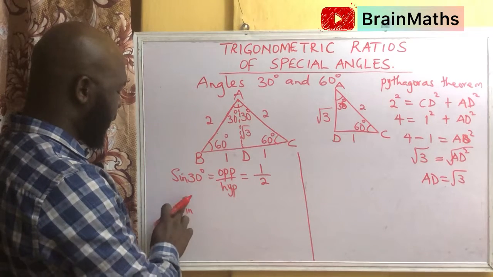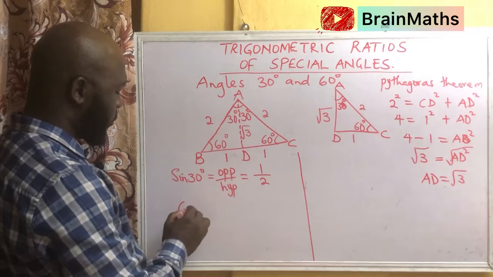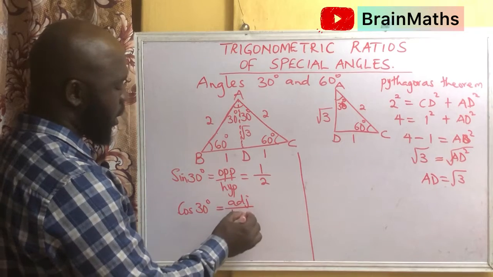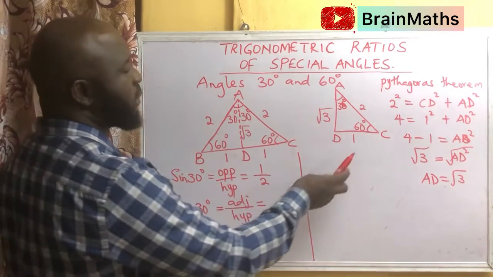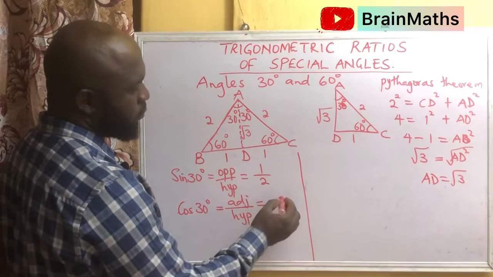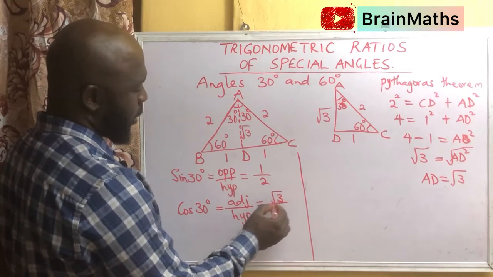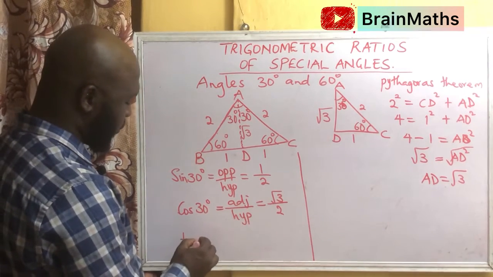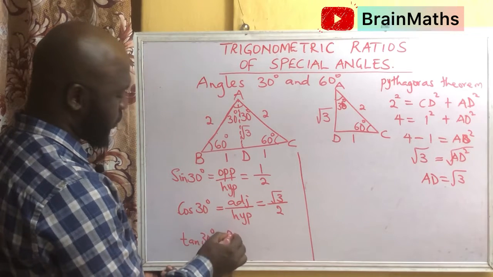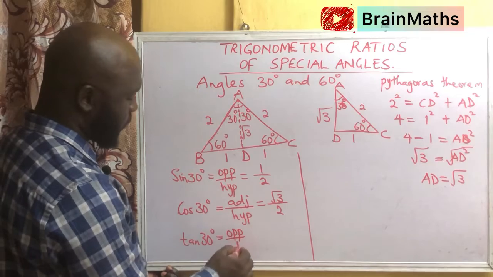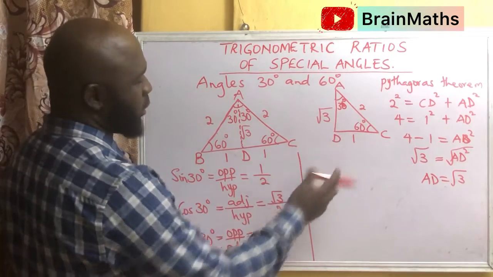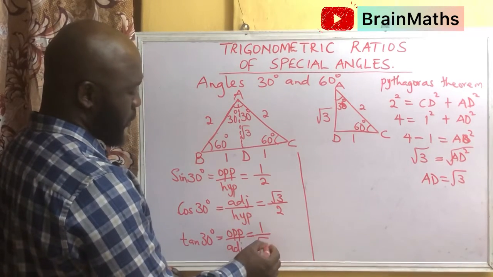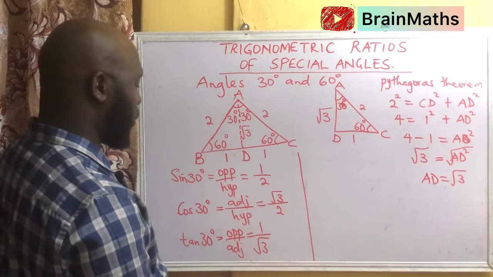Then cos 30 is adjacent over hypotenuse. Our adjacent is root 3. Our hypotenuse is 2. So that is root 3 over 2. And our tan 30 degrees is opposite over adjacent. Our opposite is 1. And our adjacent is root 3. So this is 1 over root 3.